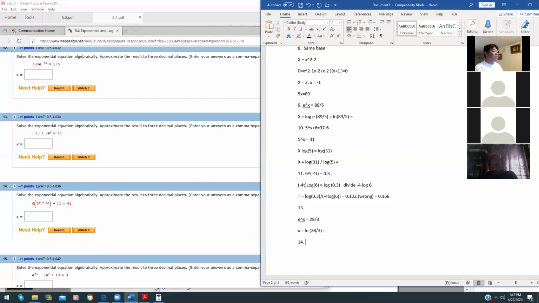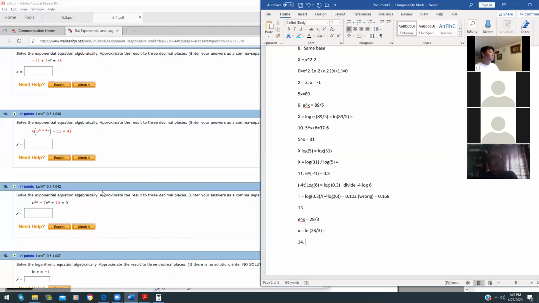How do we do question 14? 9.333? No, that is 28 over 3. You have to ln the whole thing. Chandra, you have to ln the whole thing. The answer is not 9.333. You have to take ln of 9.3. Is that 2.22? I do not know. All right, you need a calculator.